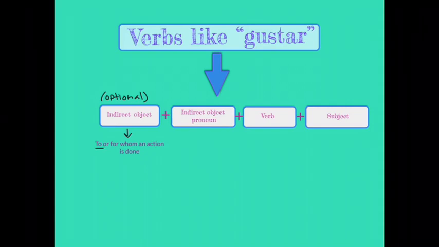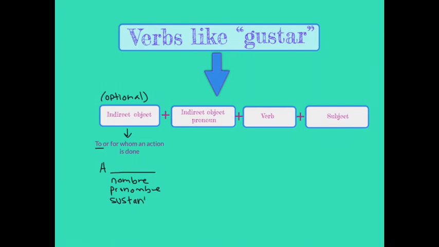So what do these look like? Well, because it's to whom something is pleasing, we need the word to, which is a. Then after that, we'll have something like un nombre, a name. That could be an option. Un pronombre, a pronoun. That would be another option. Or perhaps even a noun, un sustantivo.